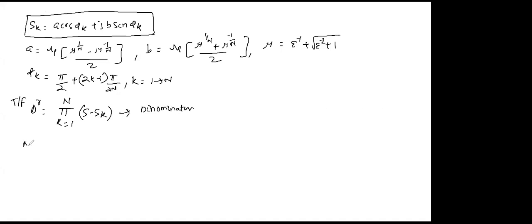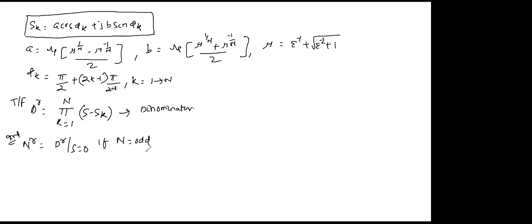And what is the numerator? It is important. The numerator is the denominator evaluated at s equals 0. Simply put s equals 0 in the denominator and you will get the numerator if n is odd.